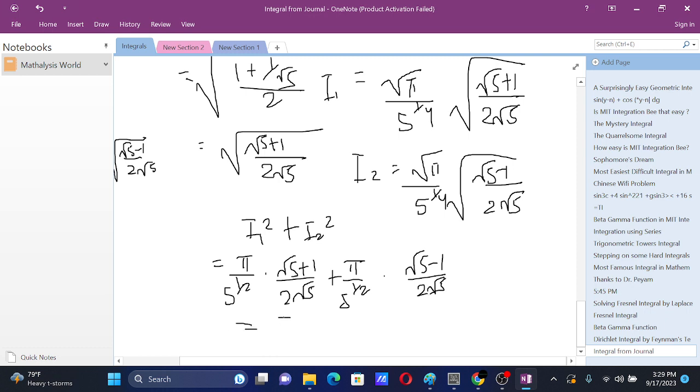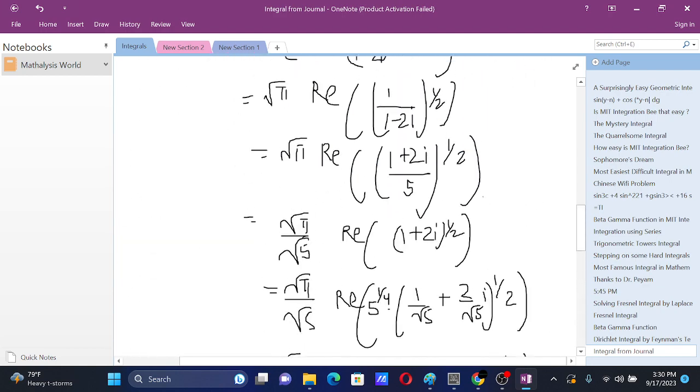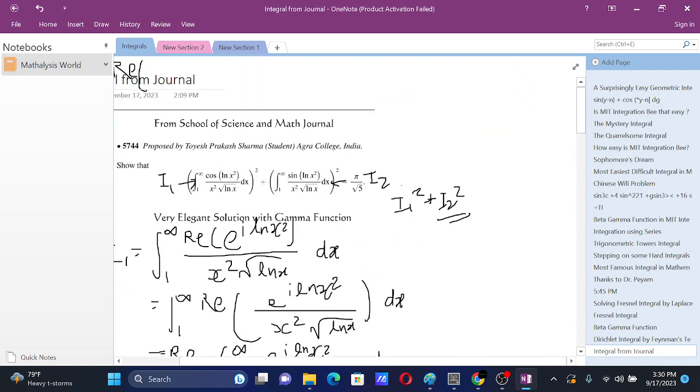Now you can take pi by root 5 common, and we have root 5 plus 1 plus root 5 minus 1 by 2 root 5, and there is a nice cancellation, and also a nice division. We have 2 root 5 by 2 root 5, that's 1. So we have a nice concise answer, pi by root 5, and that's what we were seeking.